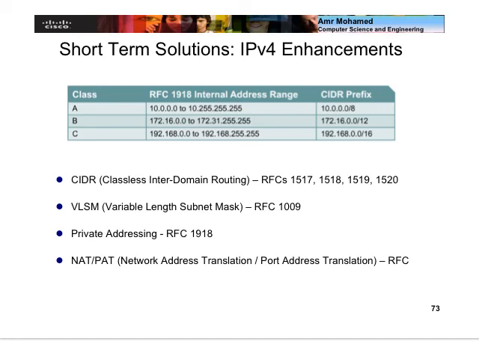So in terms of short-term solutions, as we said, we have 4 different incremental solutions. We worked on CIDR, and CIDR seems to solve the problem incrementally. We worked on VLSM, which helped us to be more flexible in terms of dividing the addresses recursively depending on the demand and the requirement of each network.